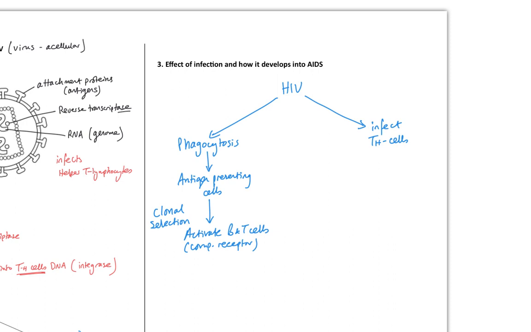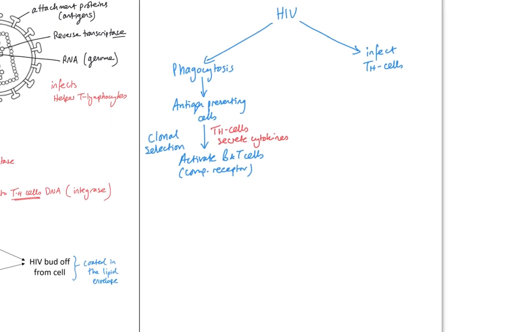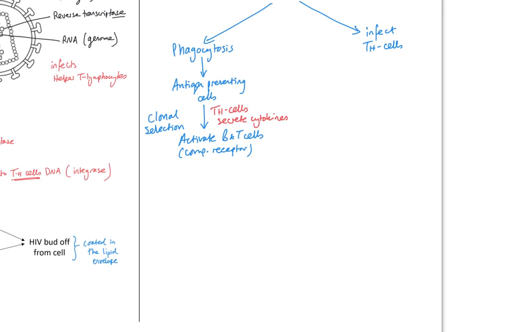Now this is where more TH cells are needed. TH cells secrete cytokines, which is a chemical stimulant. It stimulates the cells to activate. These B cells and T cells are dormant, and they're just waiting to be activated.